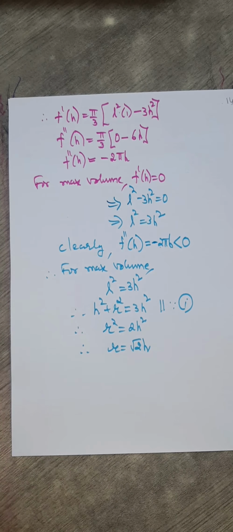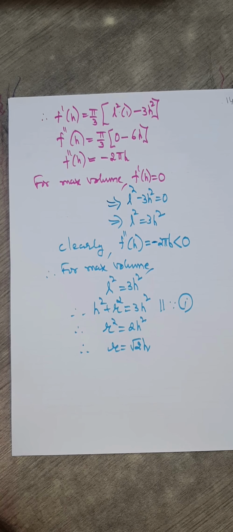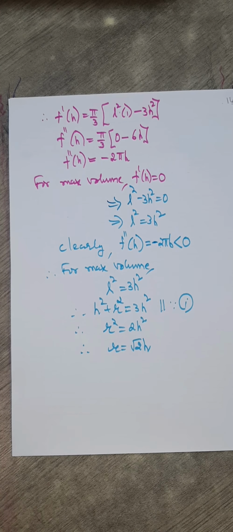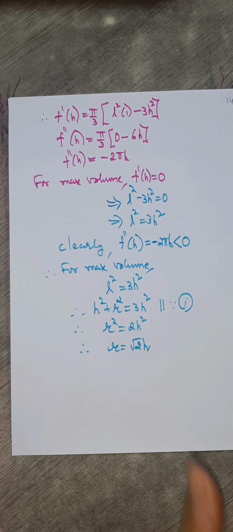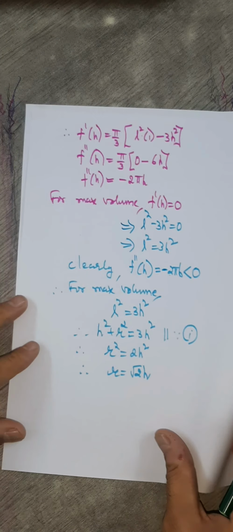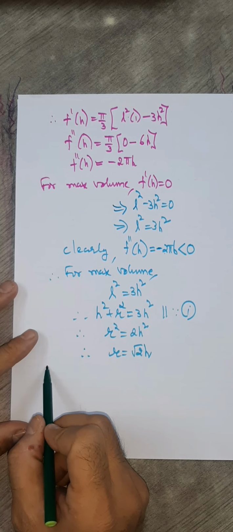Now you don't want this H and R. What you want is alpha. So in this triangle you can write tan alpha as opposite upon adjacent. Just look at the diagram.